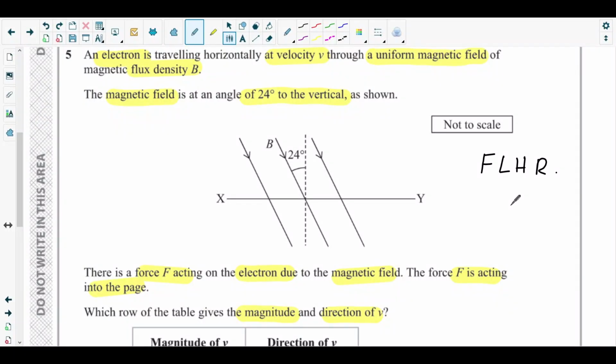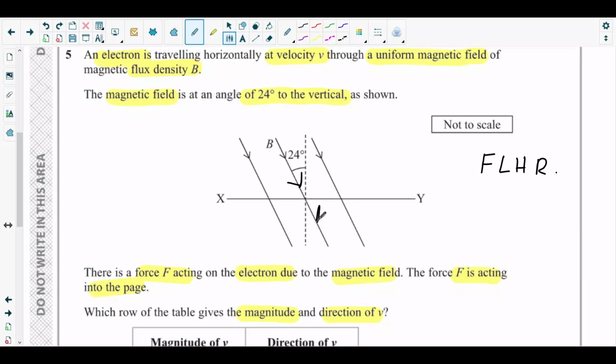The direction of magnetic flux density, B, is represented by the index finger, sorry, not the middle finger, so it will be along B. So thumb into the page, index finger towards the direction of B. Basically it's towards this direction.